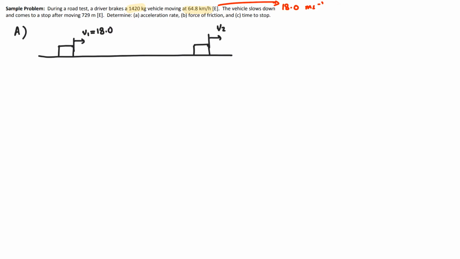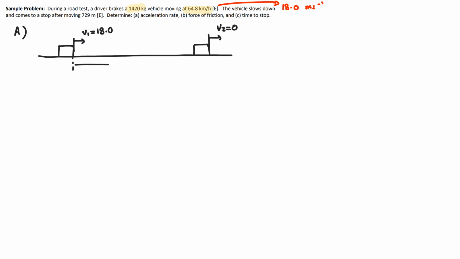Okay, first step is to draw out the situation, and we will do that. We have a car. It is initially going at a speed of 18 meters per second. I'll write all the significant figures, and then at the end, it comes to a stop after braking.